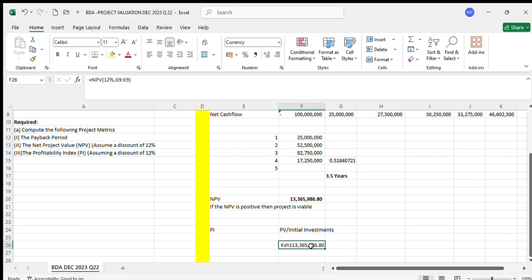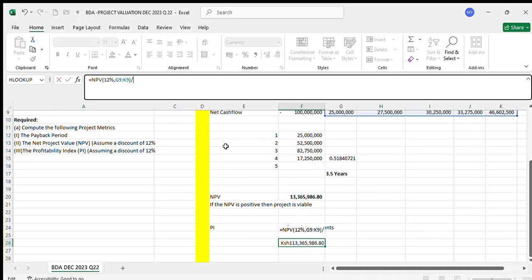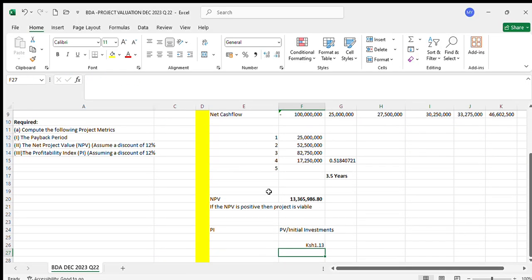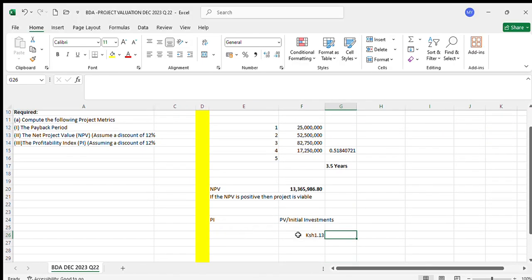That's now the present value. Now, this one now we divide with the initial investment, which is 100 million. Then now the profitability index is 1.13. Simple as that.